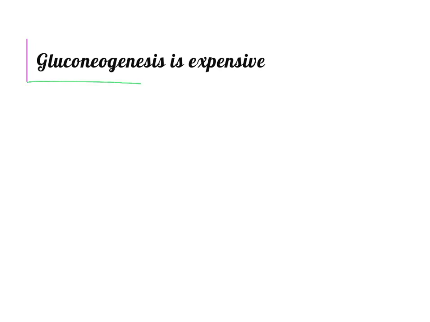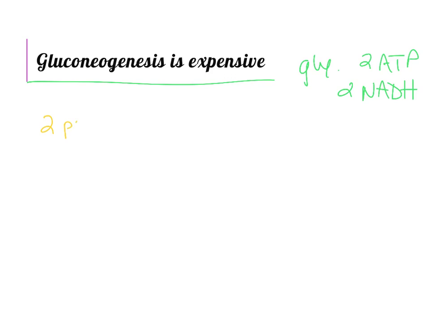Okay, gluconeogenesis is super expensive. If you remember, in glycolysis we had a net 2 ATPs and 2 NADH. That's what we got out of glycolysis. Gluconeogenesis is a little bit different because of that extra step. So we start with 2 pyruvates, and I'll just do this really big arrow, and we're going to eventually end with 1 glucose.